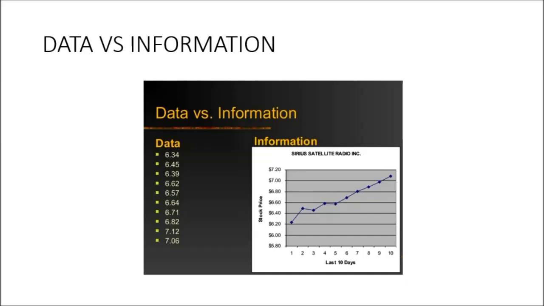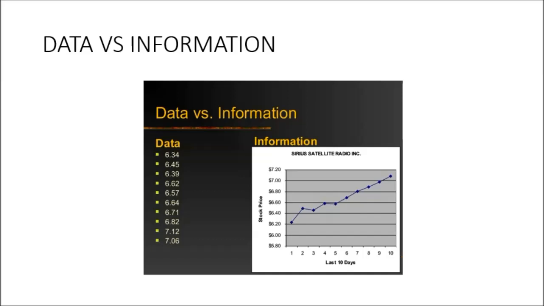Another important question that we need to address here is the difference between data and information. Data consists of raw numbers and figures that do not make any sense until you add some dimensions on top of them. For example, in the current scenario, we have added the days and the price against the figures you see on the left side.